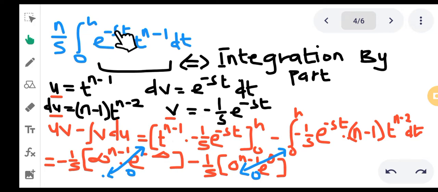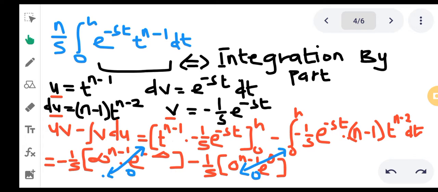You differentiate u with respect to t, and the n minus 1 will come, then you subtract 1 from the exponent, as we do for a derivative. Then the integral of dv gives v. When you integrate e exponent minus st, we maintain the e exponent minus st, then divide by the derivative of minus st with respect to t, which is minus s. So then you divide.